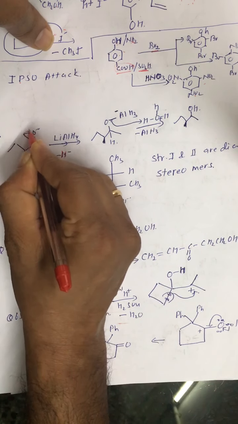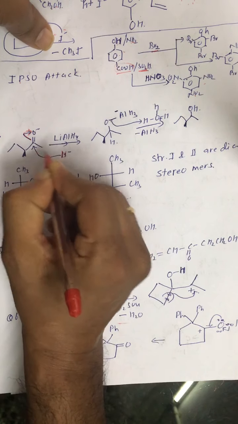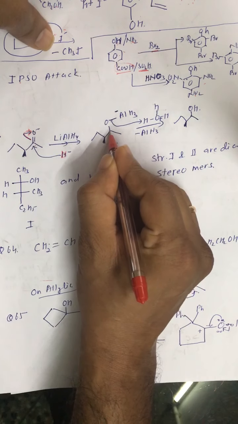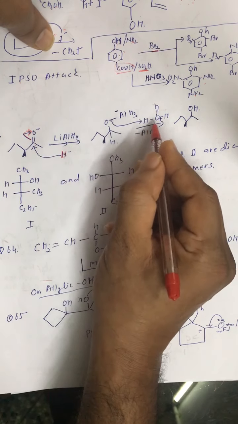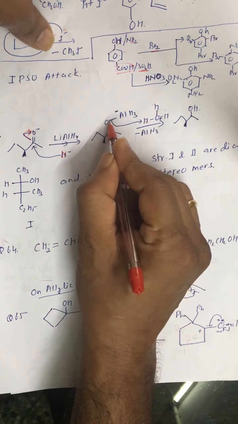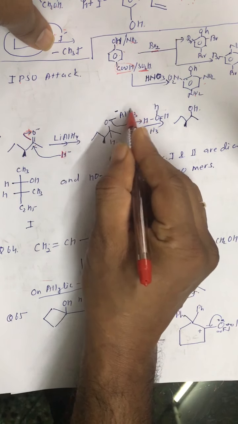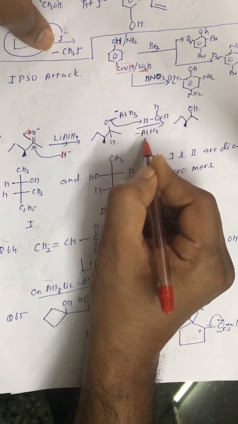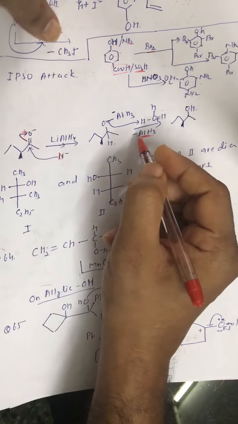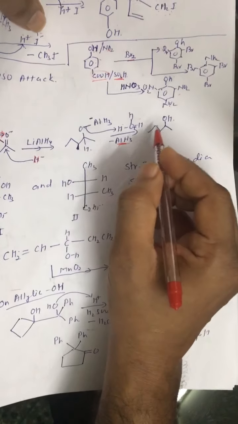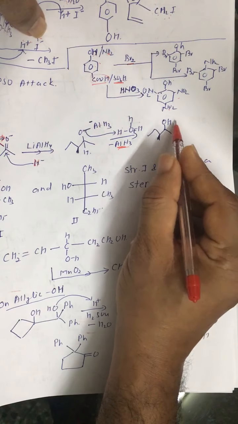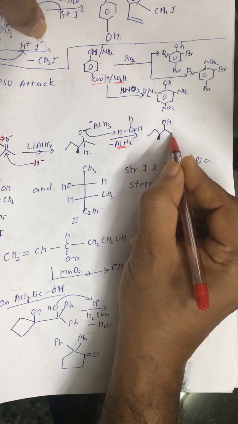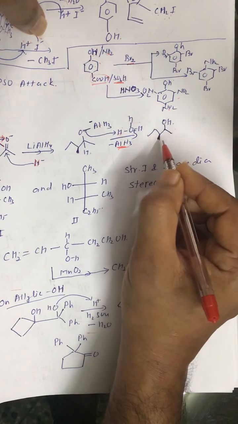So this is the shifting of the electron pair, and H negative attacks this carbon atom, and then from H3O positive we get H positive, and this AlH3 is removed, and we get this product, that is 3-methyl pentan-2-ol.